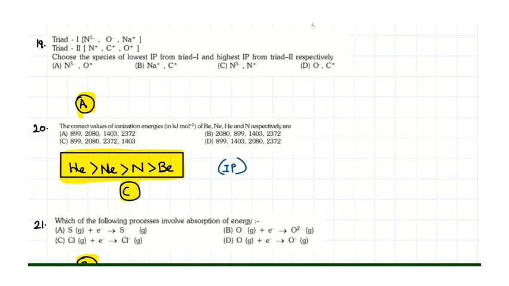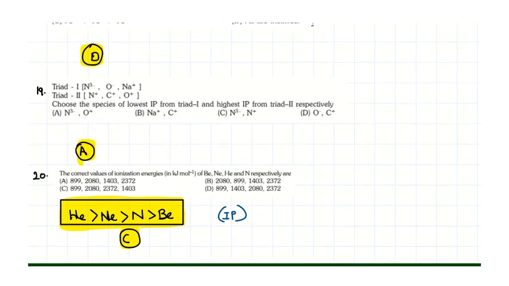Thus, N3 minus would have the lowest ionization potential, whereas O plus would have the highest ionization potential because O plus has the electronic configuration of N, which is stable due to the half-filled p orbital.